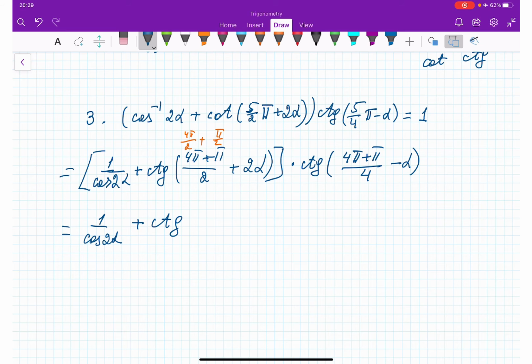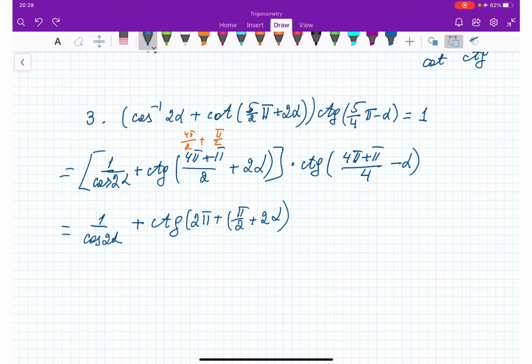So 4 pi over 2 is going to be 2 pi. So we are getting 2 pi plus pi over 2 plus 2 alpha. Why did I separate them? Because I want to take 2 pi out. It's twice the period of cotangent and tangent. The period of tangent and cotangent is 1 pi. So if I take out 2 pi, I still get the same: half a pi plus 2 alpha.